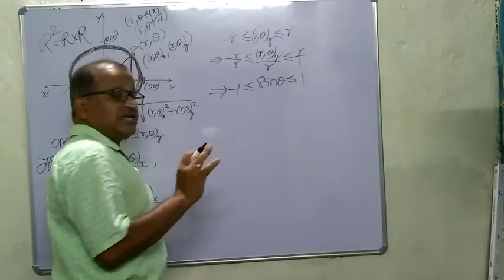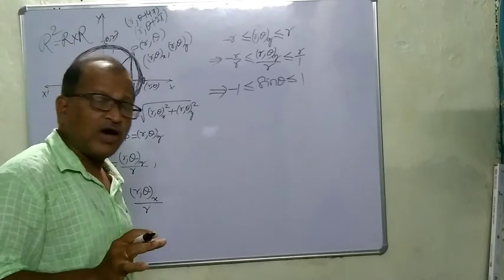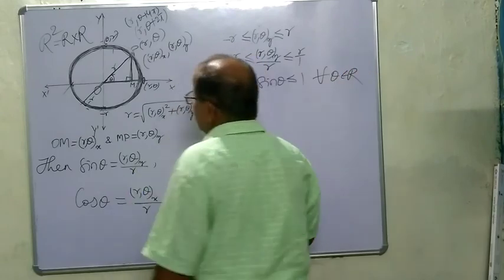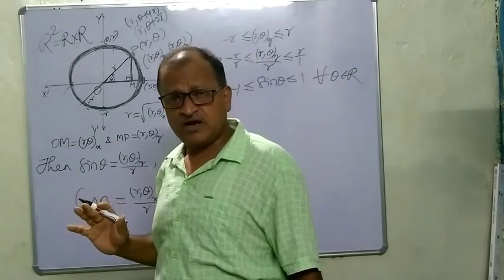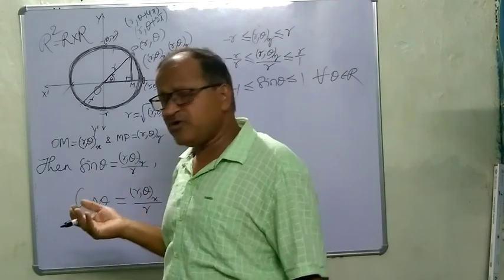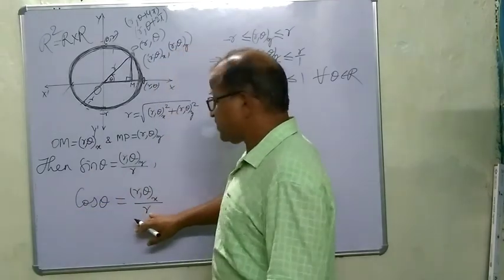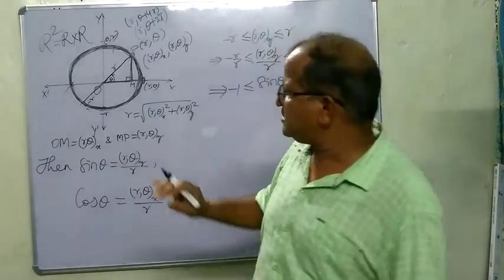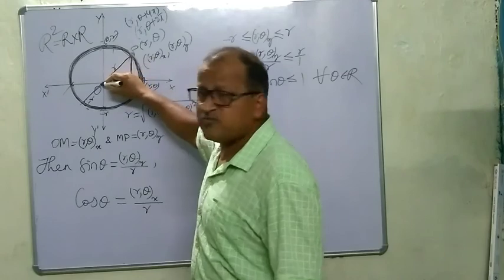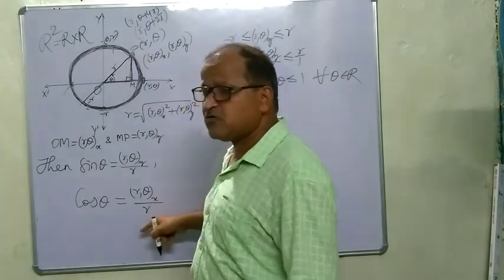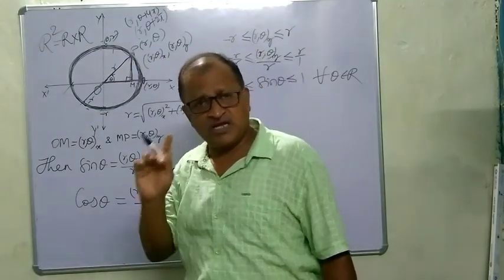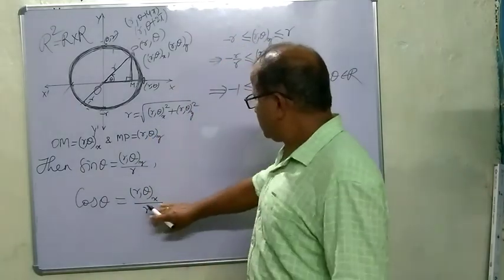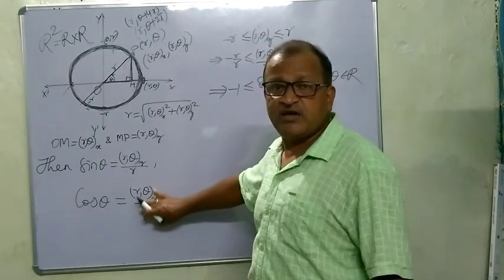So sine theta lies between minus 1 and 1 for all theta belonging to R. For no value of theta is sine not defined, because r is a non-zero quantity. If P is different from the pole, then r is not equal to 0. We have taken a circle of radius r, so r is not 0. So the denominator is not 0, which means it is defined everywhere.